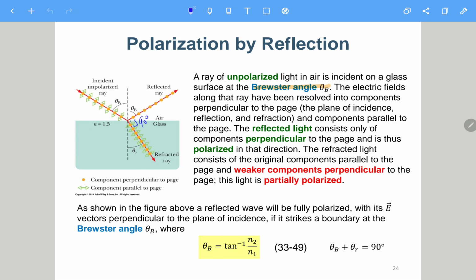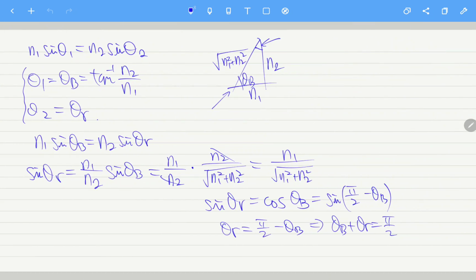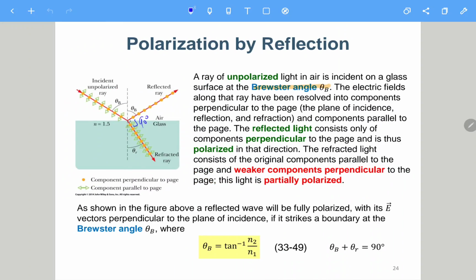I think last year I put it as a problem in the exam. But as I remember, few of the students could prove it like this. They just tried to plug in the numbers.